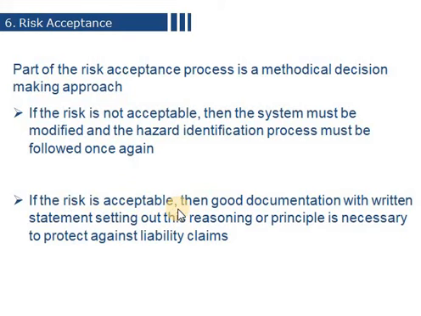If the risk is acceptable, then good documentation should take place, because we need to write down the reason behind accepting this risk, so that management can protect itself against liability claims.